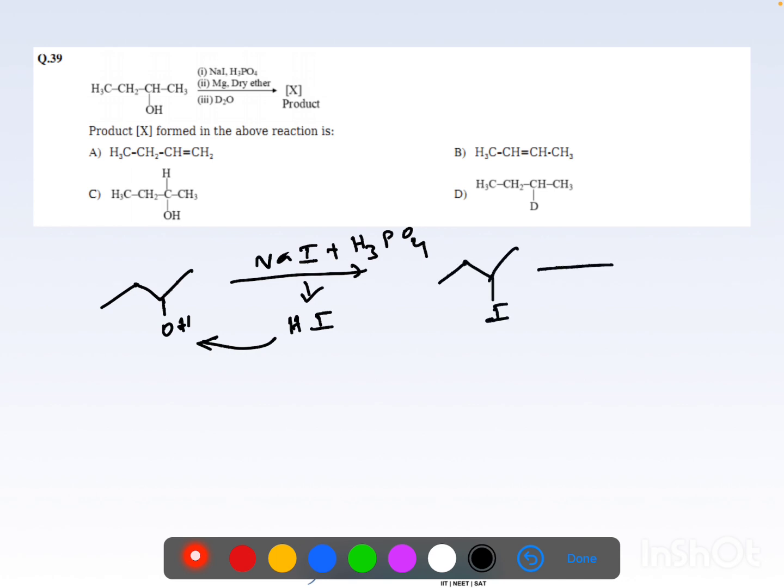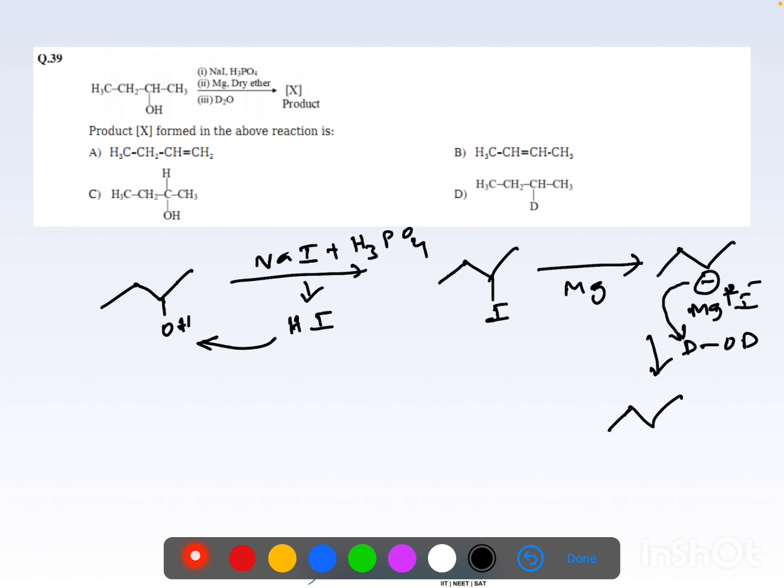This alkyl iodide, when treated with magnesium, a Grignard reagent is produced. Okay, and when it is treated with D2O, the negatively charged carbon attacks the deuterium atom, and finally you get a deuterated compound as the final product. So it is option D.